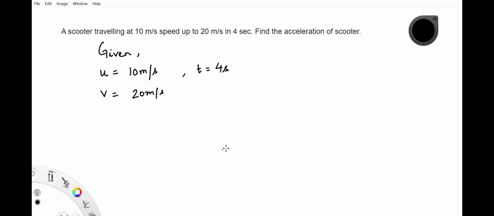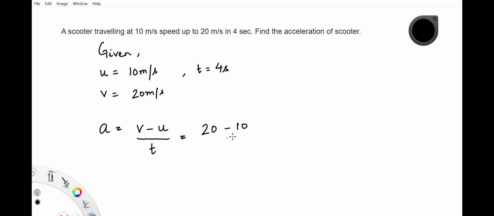So coming to the question, it says find the acceleration of the scooter. You're given the initial velocity, the final velocity, and the time taken. So acceleration, which can be mathematically written as the rate of change of velocity. So let's find out the change of velocity. So the final velocity is 20 meters per second.